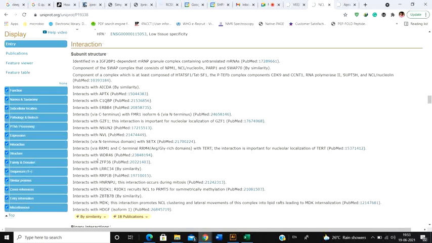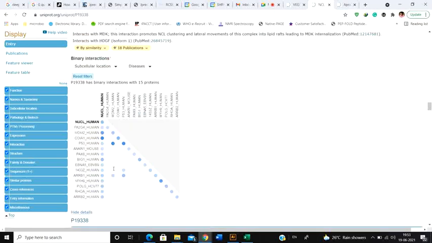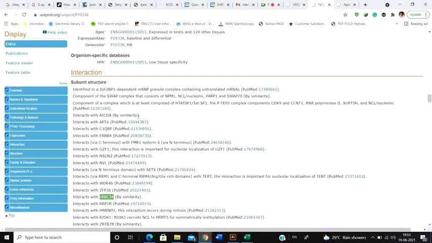You don't know what is the utility or function of your protein binding to this LRRC34. You don't know. So it might have some fatal conditions, it might be fatal for you. So you have to cross check everything, and you get to know the proteins also with which it is interacting.